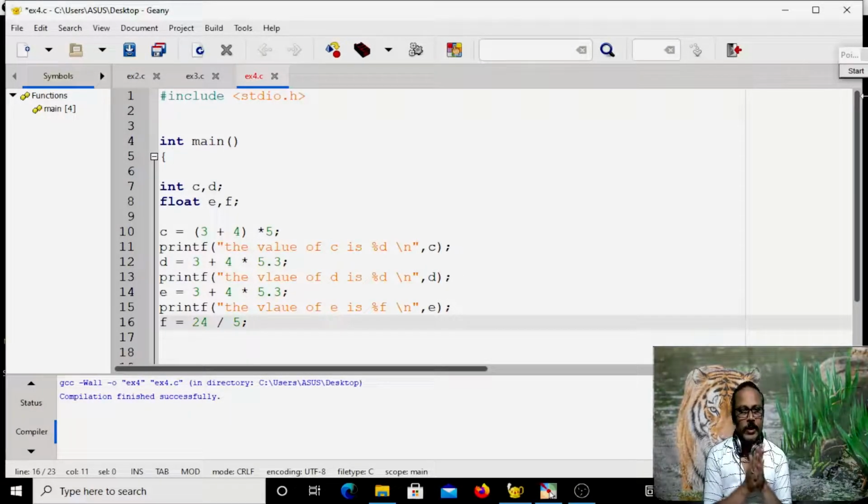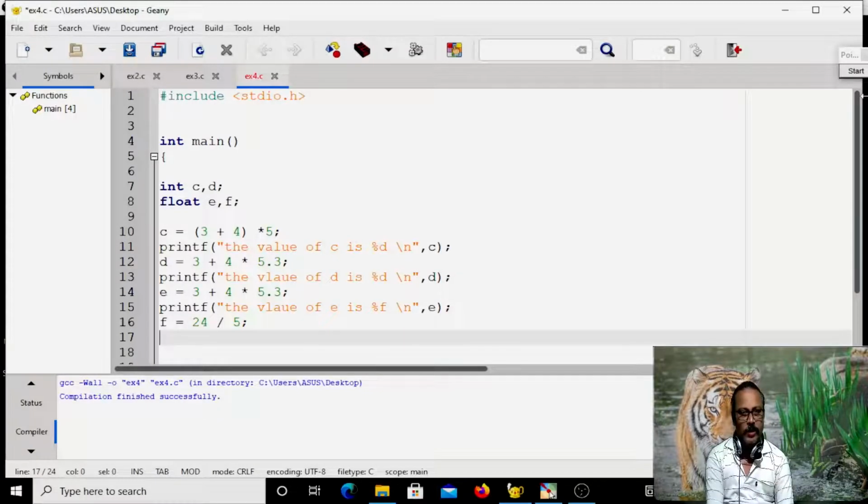Okay, what is the result? What is the value of F? I get a surprise result also.